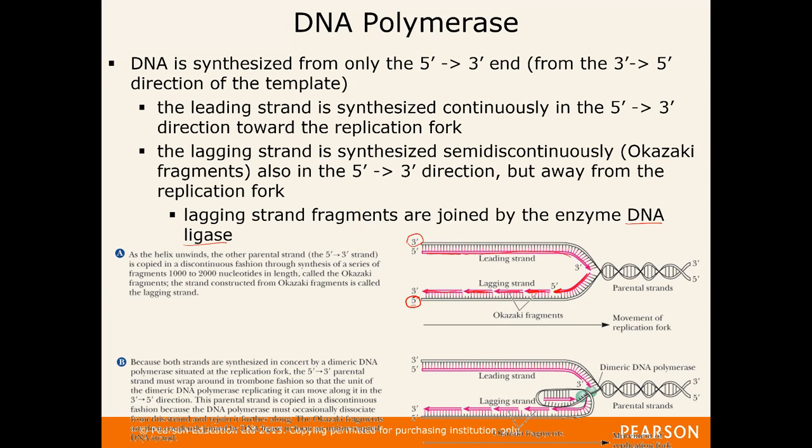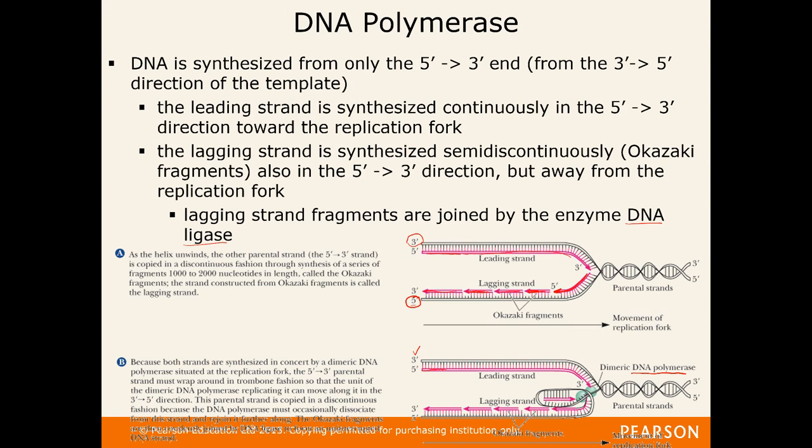Okay, so just to recap again, since the DNA polymerase shown here in the green has to move in a 5' to 3' fashion, it can move along the parent strand that's 3' to 5' just fine.